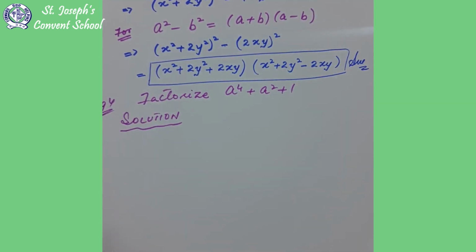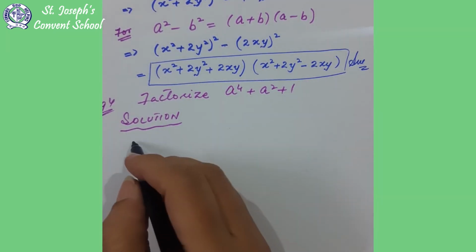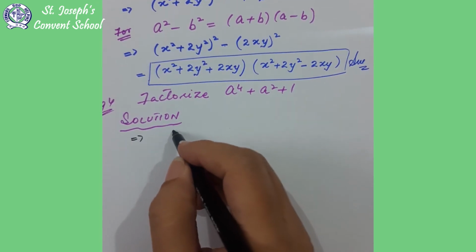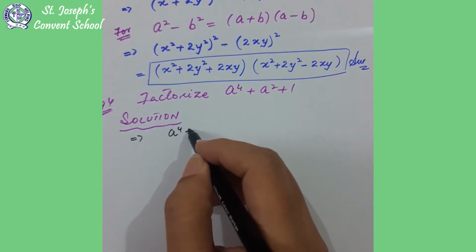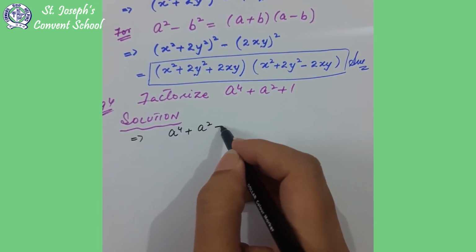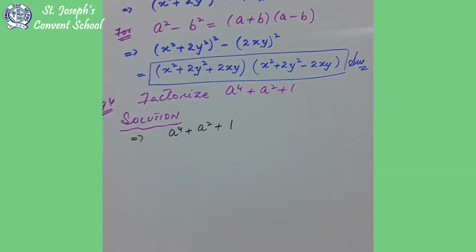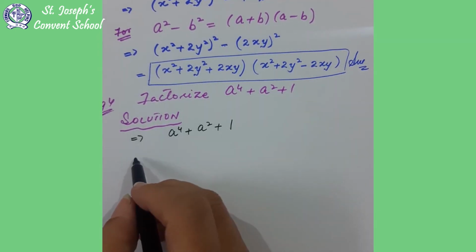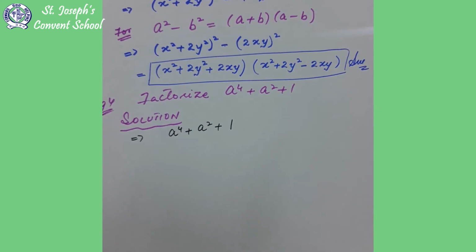One by one we will apply the formulas. Okay. Now let's start with the first one. Now in the question you can see there are three terms, a to the power 4 plus a square plus 1. Now let's write it according to the formula. You know the formula, so write the formula first.